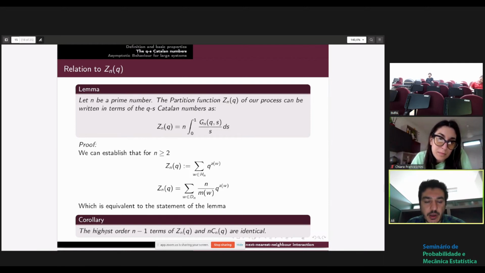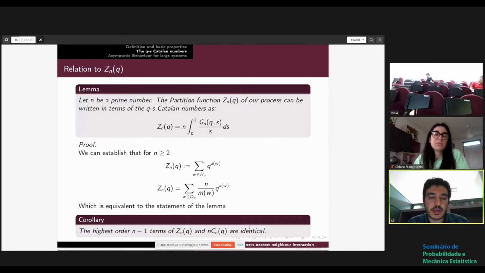Okay, now, one corollary of this equation is that the highest n-1 terms of Z_n(q) and the q-Catalan numbers C_n(q) are identical. This is not very difficult to prove. I will not prove it here.